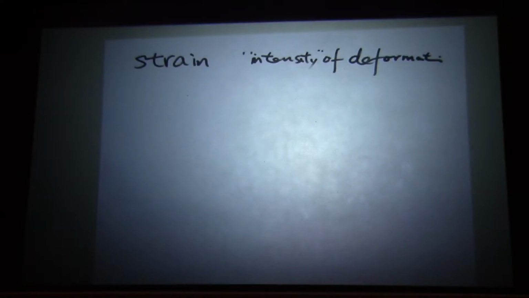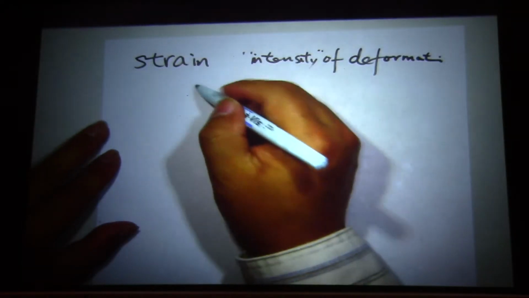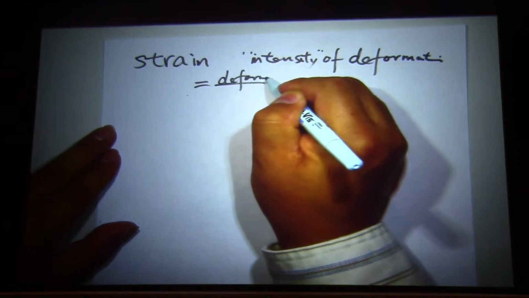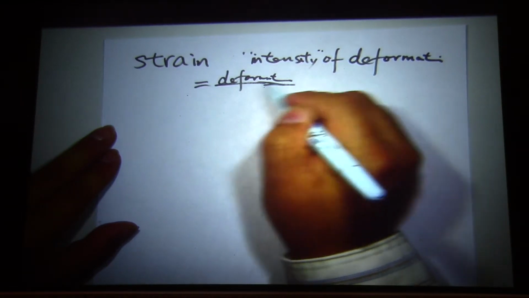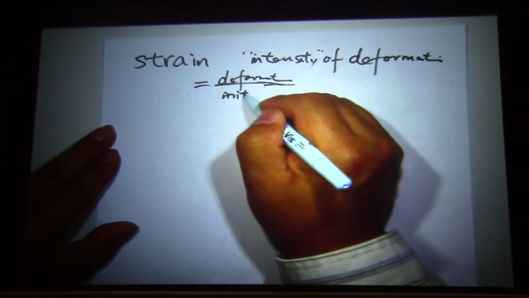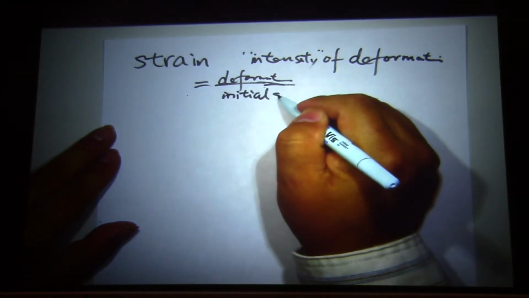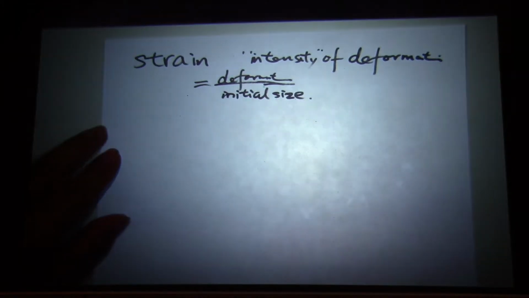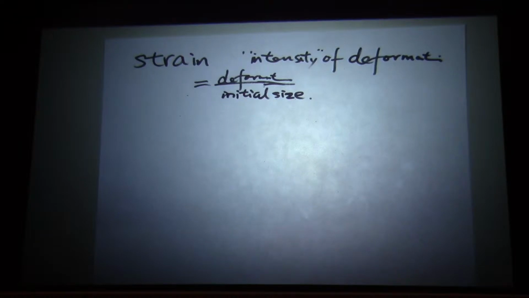That's the mathematical definition, right? So it's equal to the deformation divided by the initial size or initial length. But the word description is the intensity of the deformation.